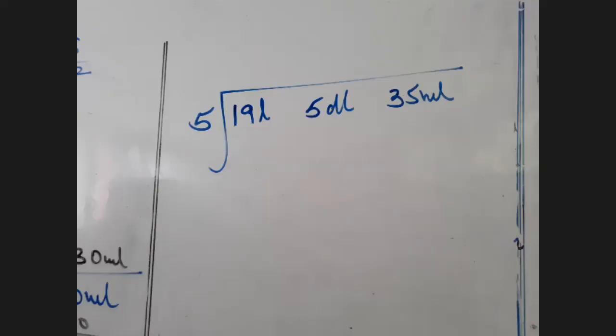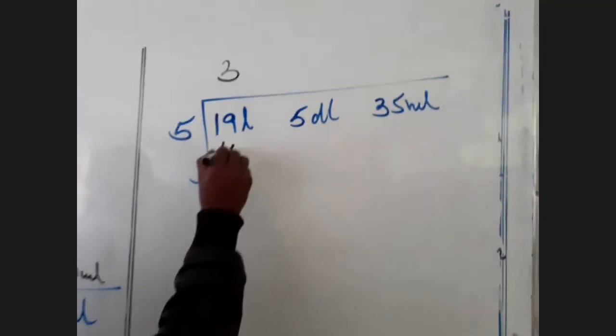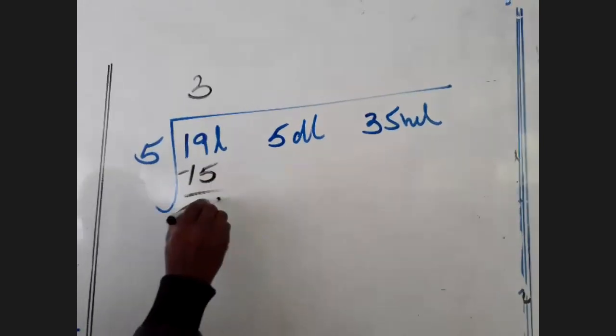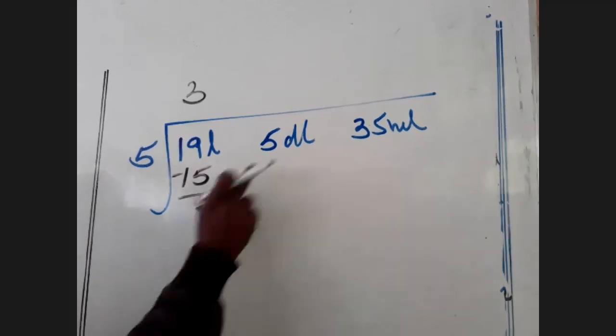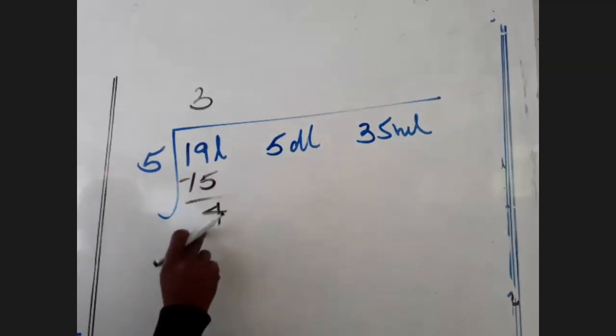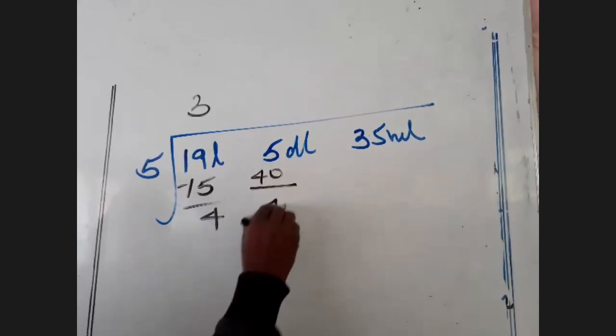All right, let's share together this. 19 divided by 5 is 3. 3 times 5 is 15. When I subtract, I'll get 4. This 4 change it into deciliter. Times 10 to get 40. So I have now 45 deciliters.